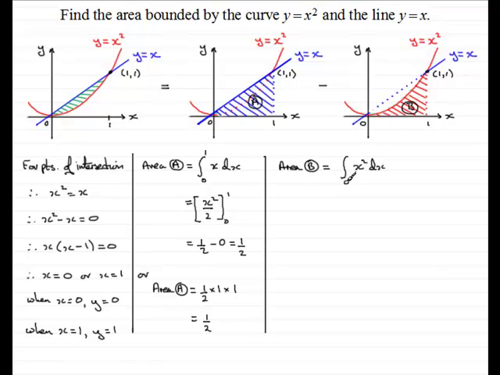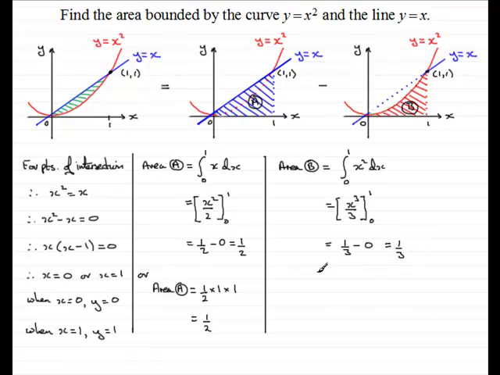If we work this out, integrate x squared, we're going to have x cubed over 3. Put in our square brackets with the limits at the end going from 0 to 1. Make our substitution for x being 1, and we've got 1 cubed over 3, which is a third, and then we would subtract 0. When we put 0 through, we've got 0 cubed over 3, that's 0. A third take away 0, that's going to be a third.